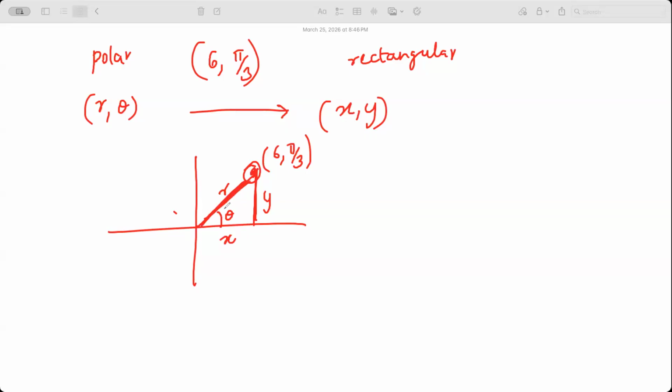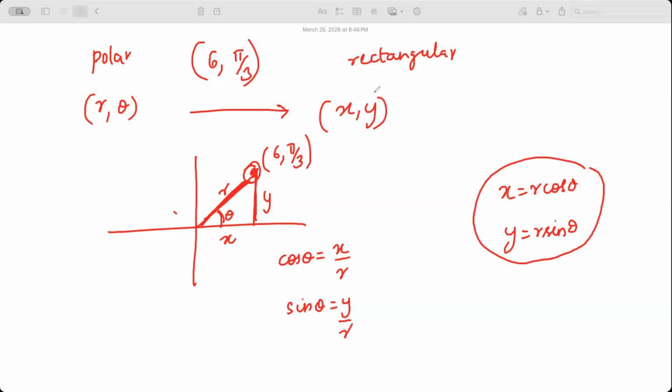If you write trig for this triangle, cos theta equals x by r, sin theta equals y by r. So x equals r cos theta, y equals r sin theta. This is the formula for converting polar to rectangular. Can I move on?